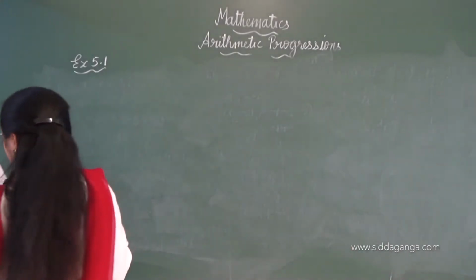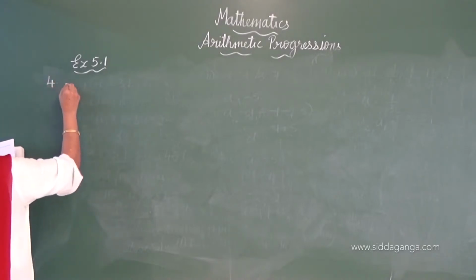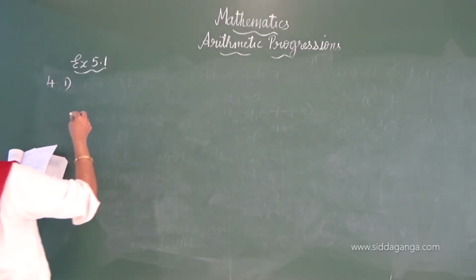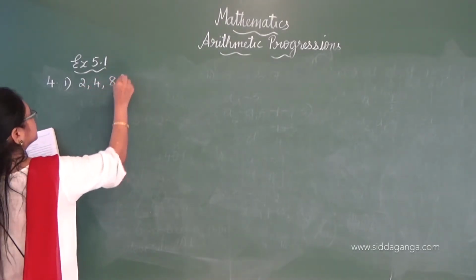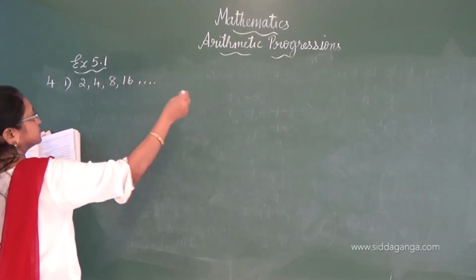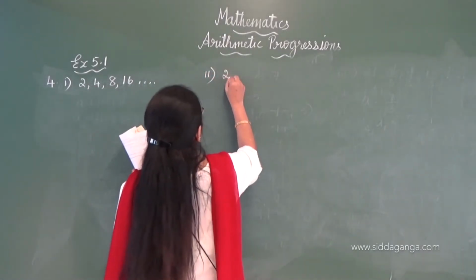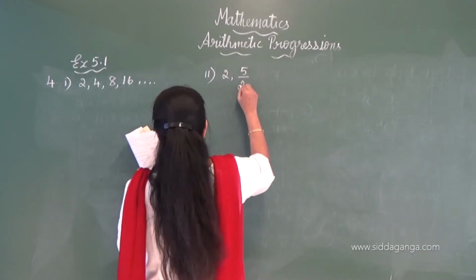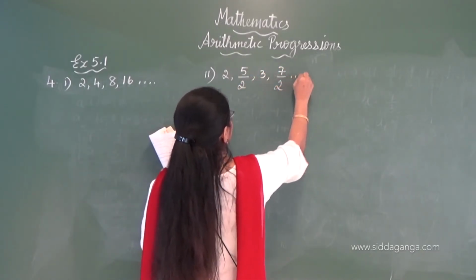Now let us see the first one, fourth main, first one: 4, 8, 16. Second one: 2, 5 by 2, 3, 7 by 2.